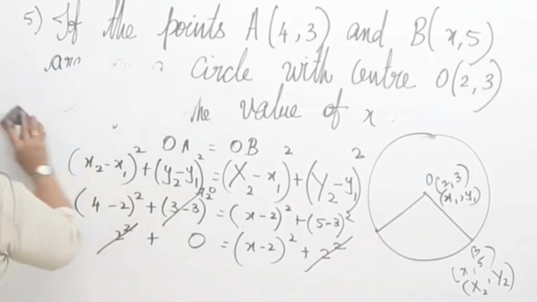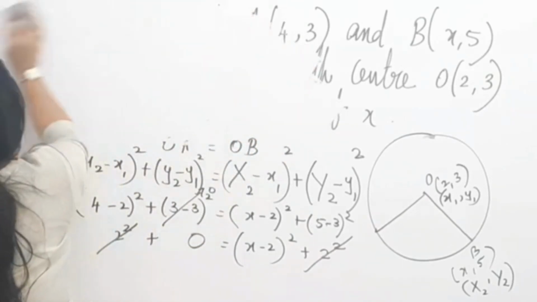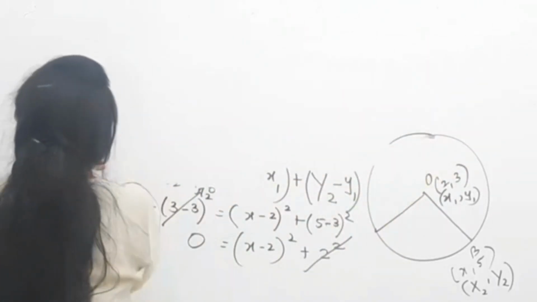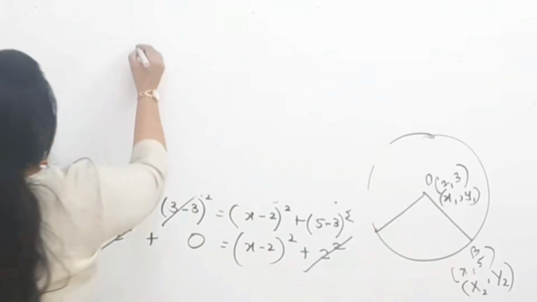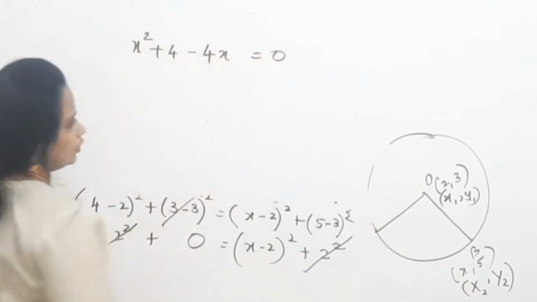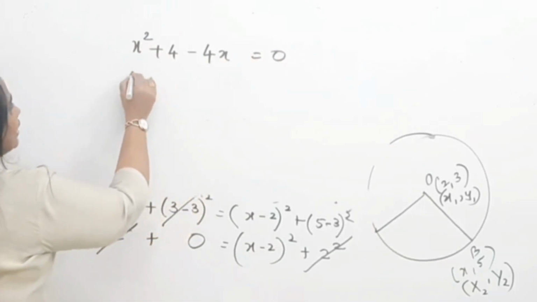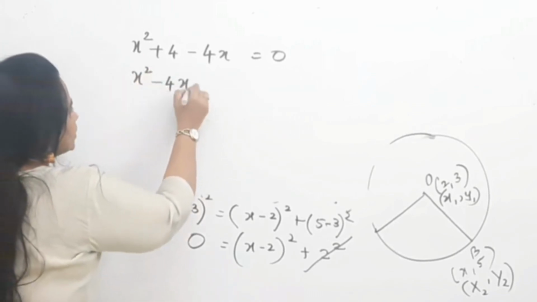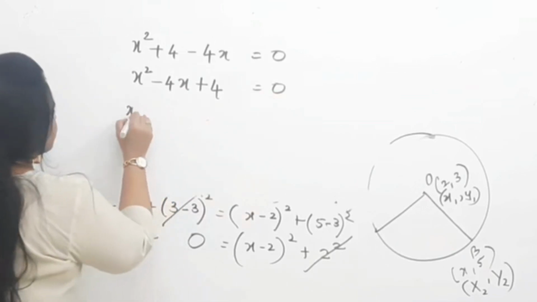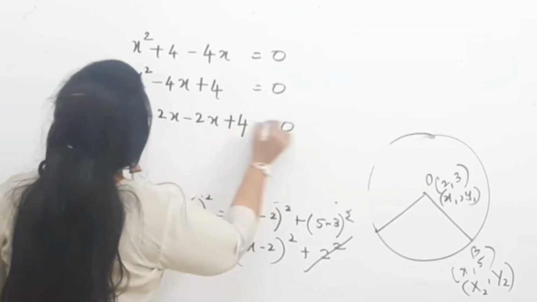So I would have my equation, and you will have to find your x value. On simplification, x square plus 4 minus 4x is equal to 0, which is the quadratic equation. So I should get my equation as x square minus 4x plus 4 equal to 0, that is x square minus 2x minus 2x plus 4 equal to 0.